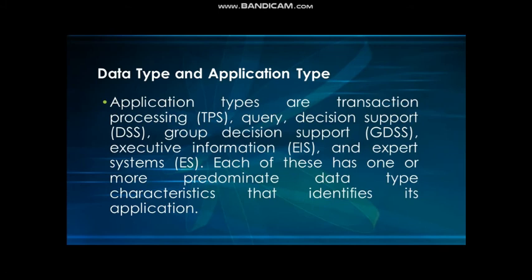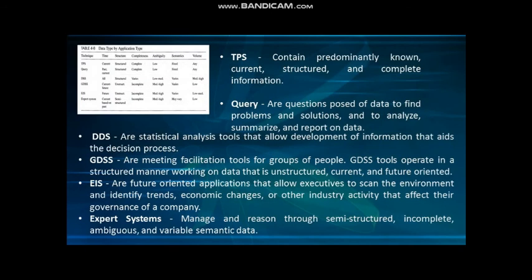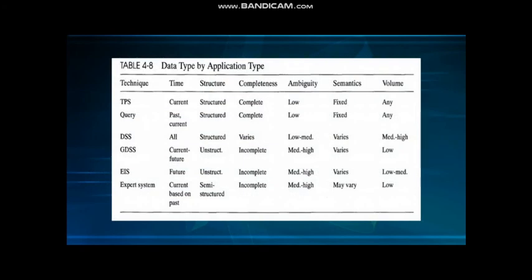Each of these has one or more predominant data type characteristics that identifies its application. This is the table 4 to 8, the data type by application type. Before we go on to the table, to discuss the table, I'm going to discuss the data types that differentiate between the application types.